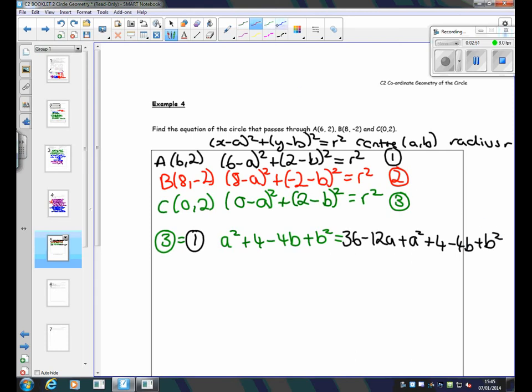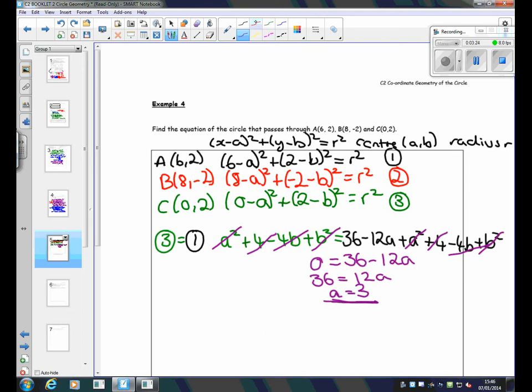Now here we can see that we've got a plus 4, we've got an a squared, we've got a b squared, and we've got a minus 4b. So that means that we're just left with 0 is equal to 36 minus 12a. When rearranging this, we get 36 equals 12a, which means that a is equal to 3.